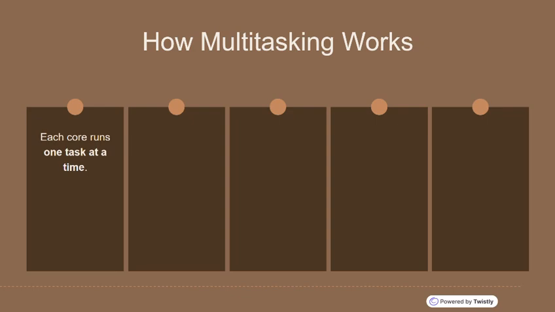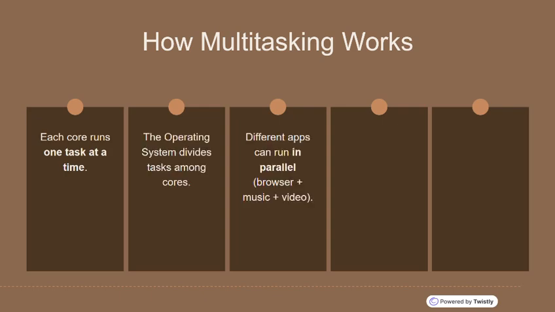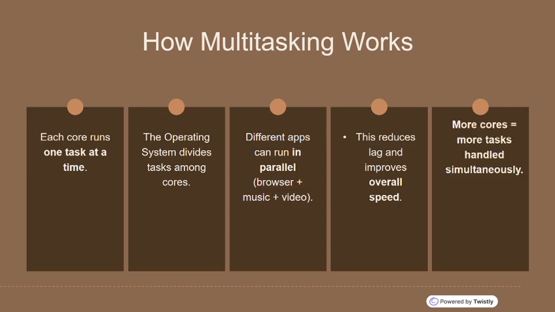Because all these jobs are running on different cores in parallel, the computer feels smooth and fast. This system reduces lag, increases overall speed, and gives us a seamless experience where multiple actions run at the same time without disturbing each other.